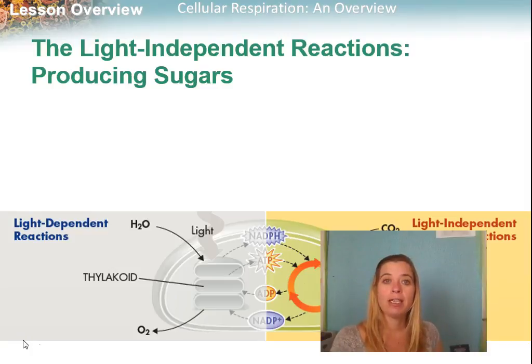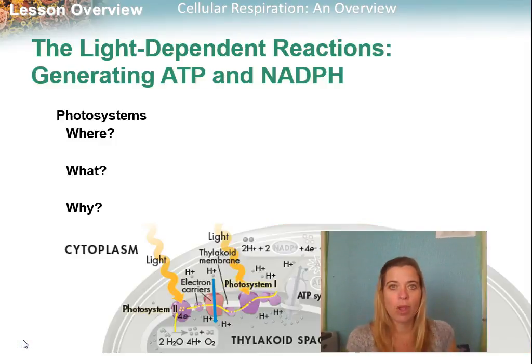Whereas in the light-independent reactions, the CO2 is collected and turned into sugar by using the energy ATP and NADPH. We're going to go over the light-dependent reactions in just a little bit more detail, but first we have to talk about the photosystems.